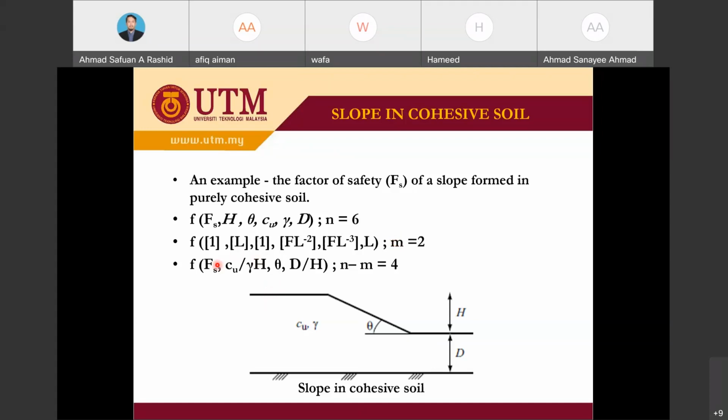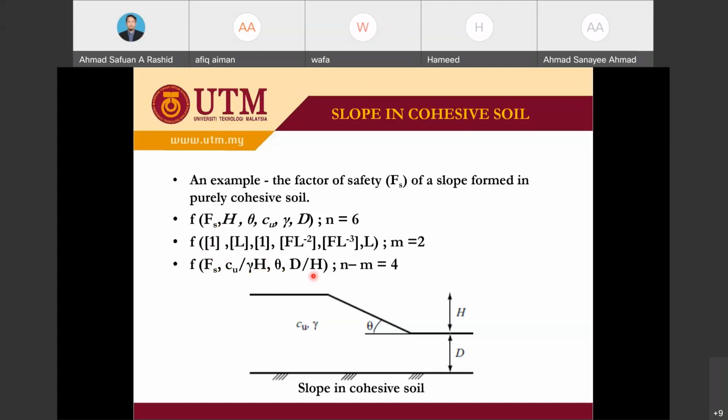To make it easy, first we consider the value represented as 1, because it is already dimensionless. So F here, and then we have another F, which is theta. Then we have another equation, Cu over gamma H. We can consider that as another dimensionless equation.